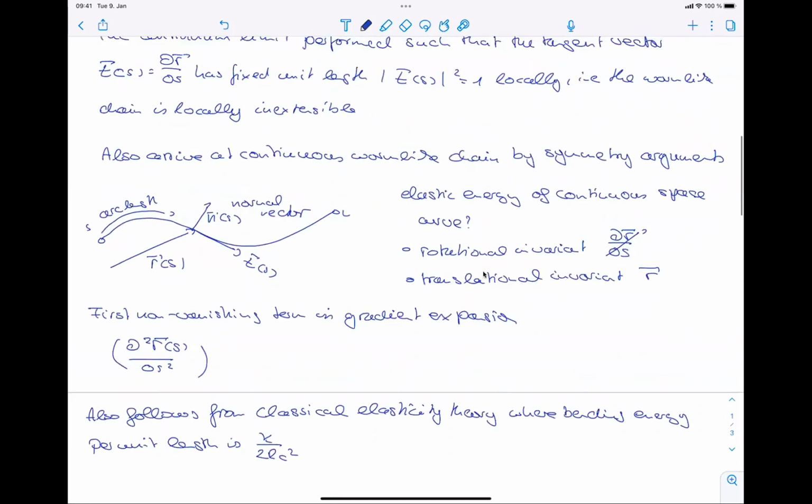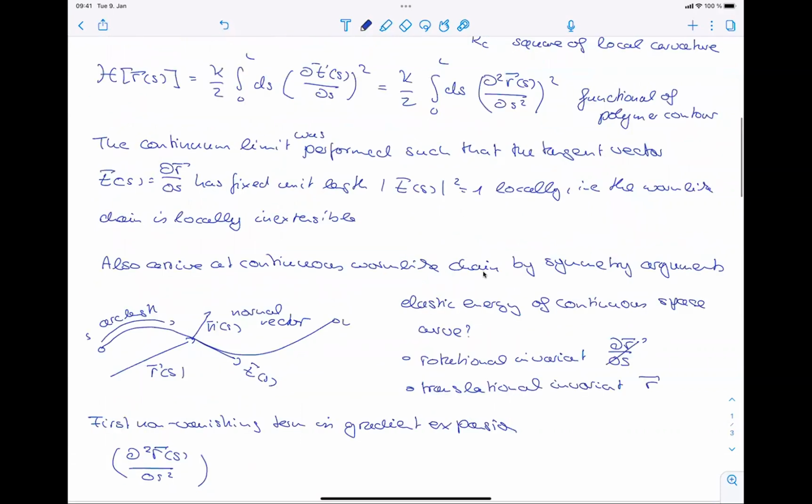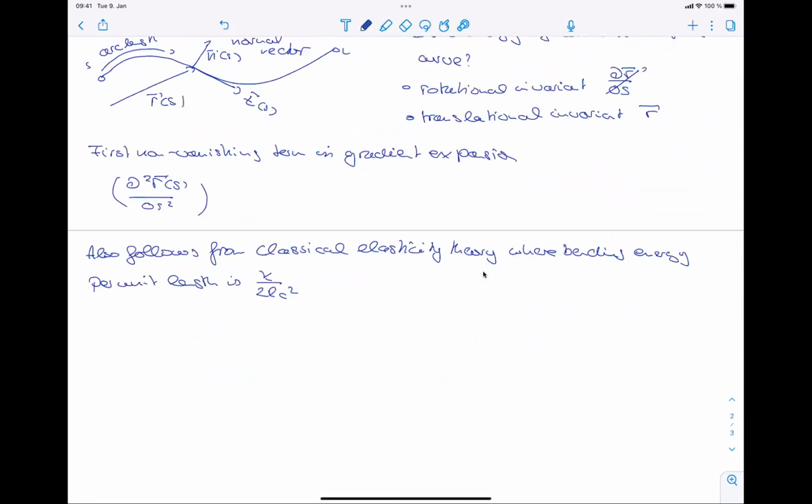So now with this in mind, we can embrace this continuum description and again derive our statistical properties. First would be the tangent correlation at 2 points along the arc length.